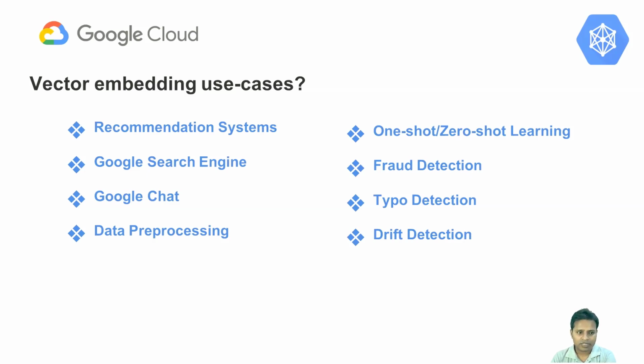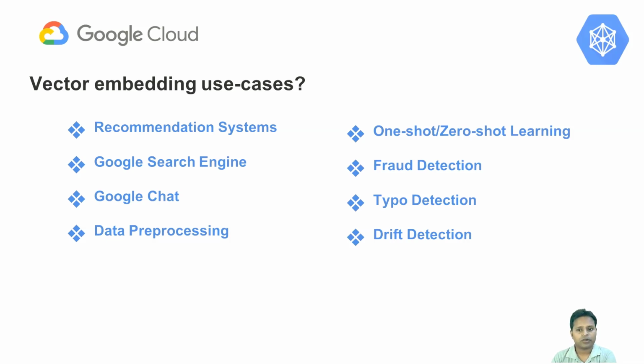The next one is Google Chat. Google Chat uses these embeddings to understand and respond to your queries. Again, data pre-processing: they prepare data for use in machine learning methods. Now, looking at one-shot or zero-shot learning, even if you have a very small amount of data, you can use the vector embeddings to learn from this small data and even enhance your prediction models.